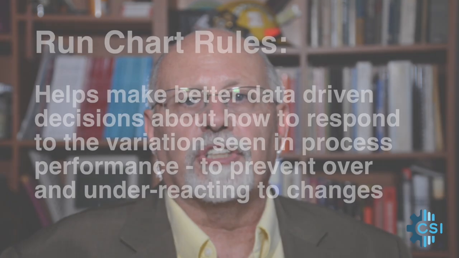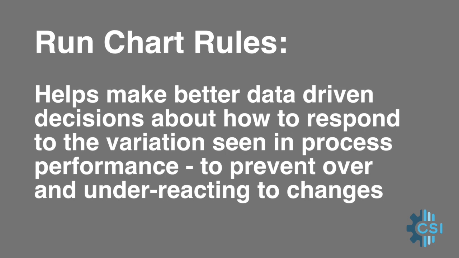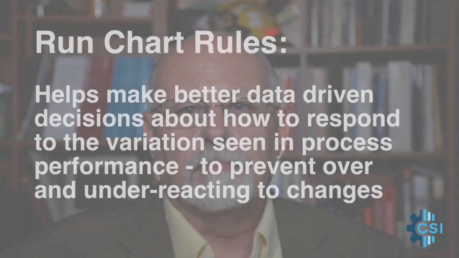The run chart rules can help us tell the difference and thereby give us a better interpretation of the data, and that leads to better decisions about how to respond. It helps keep us from either overreacting or underreacting. We want to react correctly and make appropriate data-driven decisions.